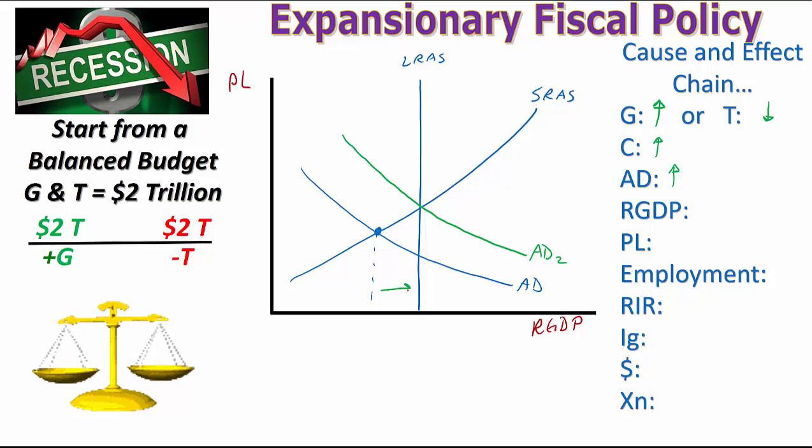As you can see, real GDP has increased, and the price level has increased at our new equilibrium. We're going to have more employment because more output means you need more workers. But because of crowding out, real interest rates are going to rise. Those higher real interest rates are going to end up decreasing investment spending. That's the crowding out part of it. All right, so right here.